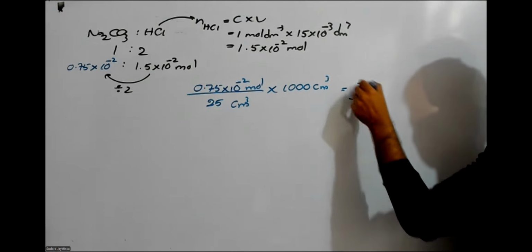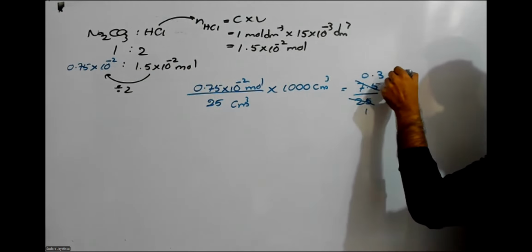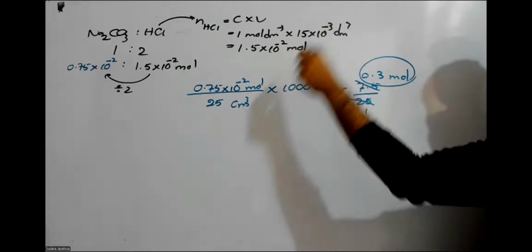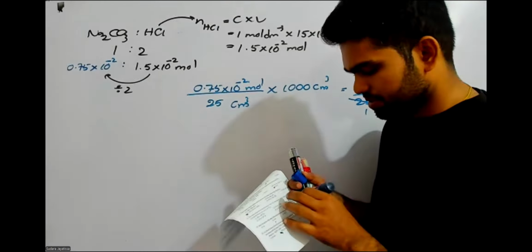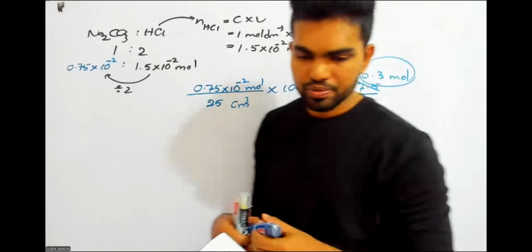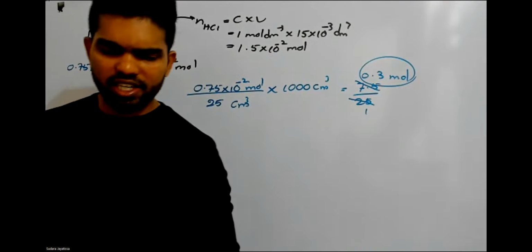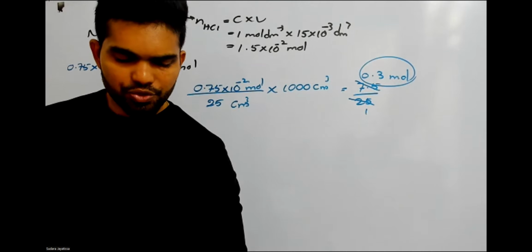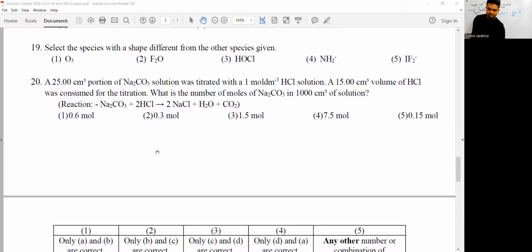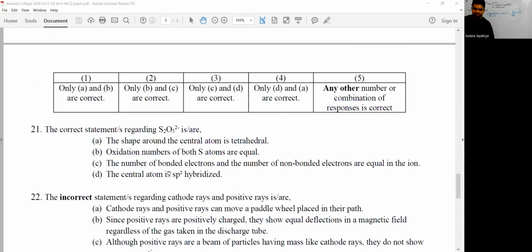Okay. So it's 0.3 moles. Okay. So answer is answer 2. Not a difficult question, right? Just get the moles and compare it with the ratios. So if you are doing an essay question, you have to write a bit more for this question, okay? Answer 2. 0.3 mole is the answer.